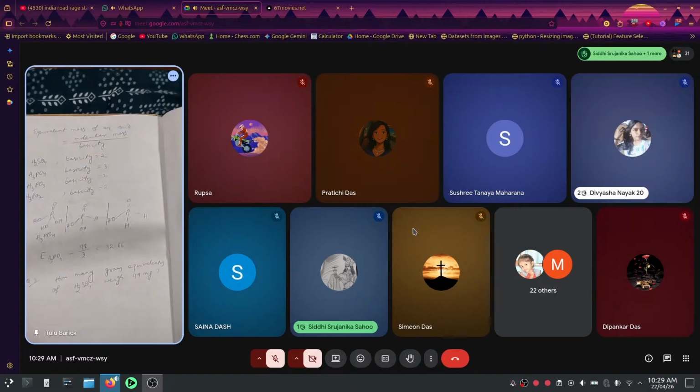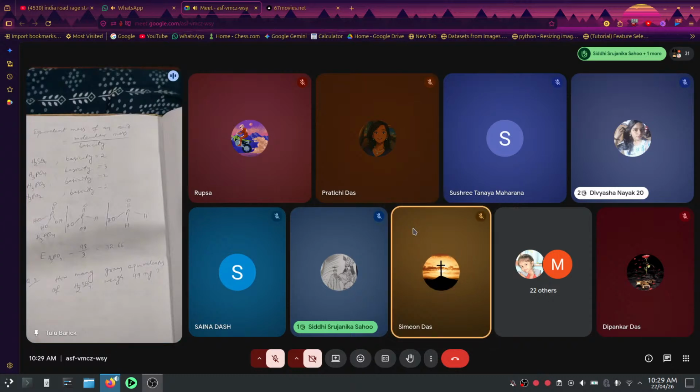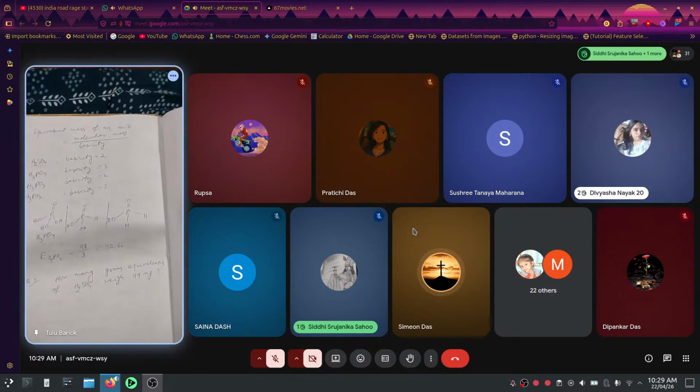How can you convert 49 milligrams to grams? Sir, 49 by 1000, that is 0.049. Okay. Equivalent mass you can get by the formula molecular mass by basicity, and here the basicity of sulfuric acid is 2. Molecular mass you can calculate.